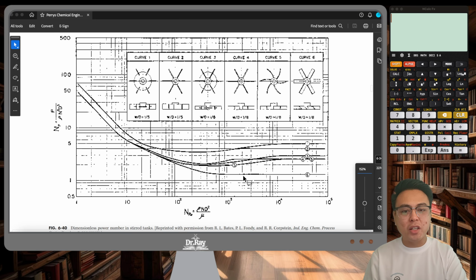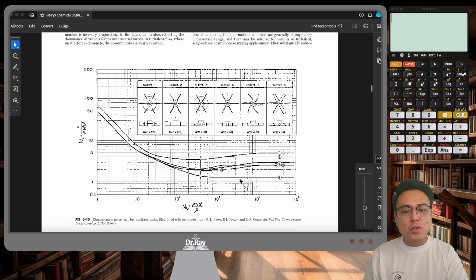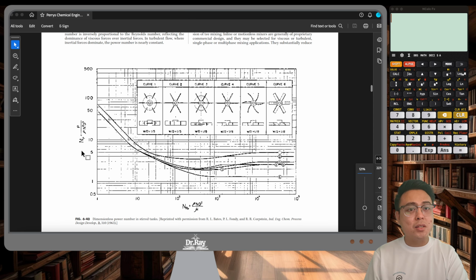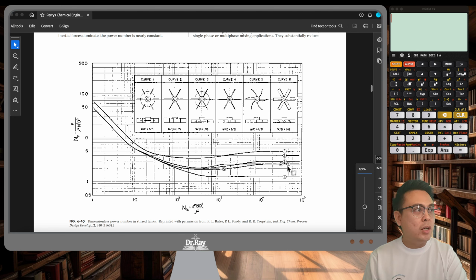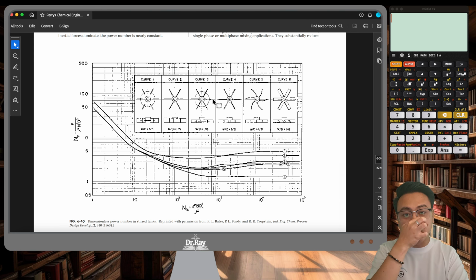And it's this graph right here. As you can see, it's the same. The y-axis is the power number, the x-axis is the Reynolds number, and then you have here the different curves. These individual curves correspond to different blade designs. So you can see here the top view of the different blade designs. Some of them have central discs.